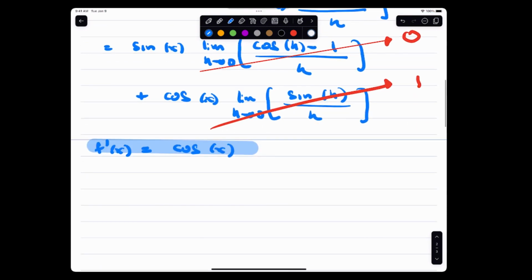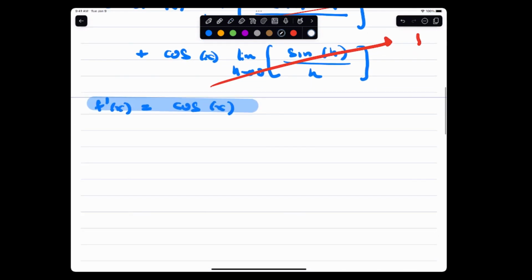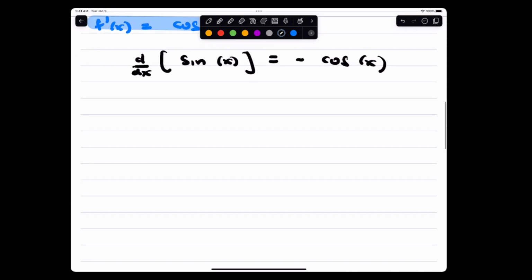Okay, now we're going to prove the derivative of cosine. If I said to you guys, if you have to differentiate cosine, you're going to find that's negative what? Sine. So now your function here is what? Cosine, okay?